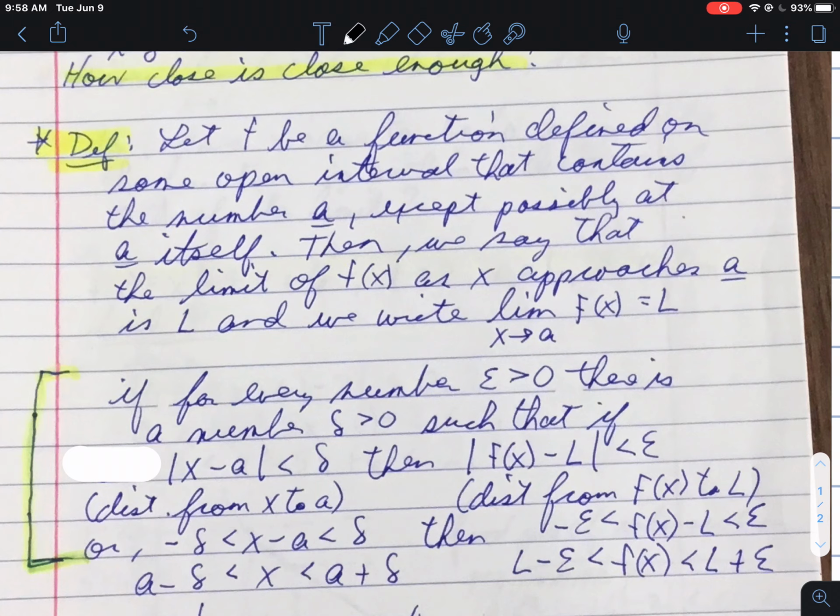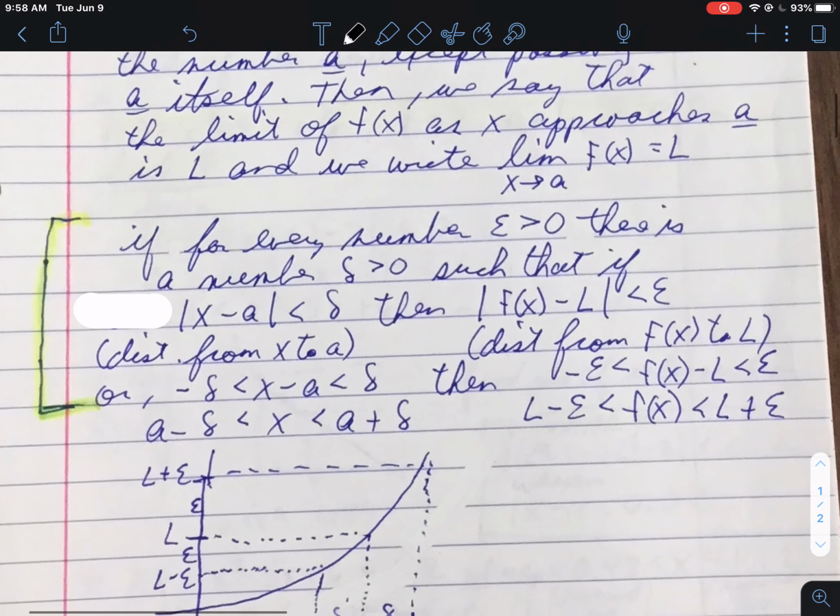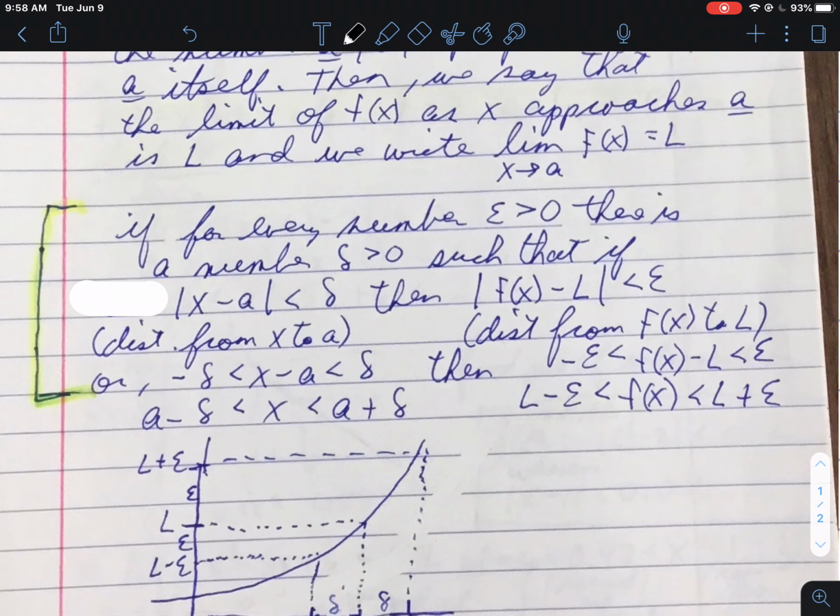Then we said that the limit of f of x as x approaches A is L, and we would use that notation. And then here's the new part of this definition. If for some number epsilon greater than 0, that's the Greek letter epsilon, there is a number delta greater than 0, that's the lowercase delta.